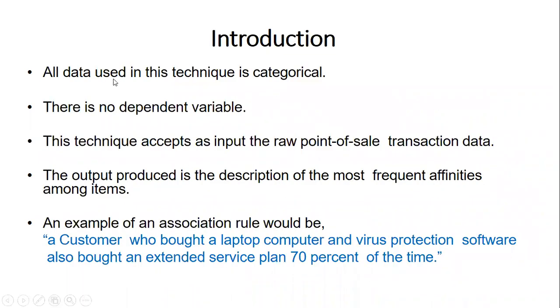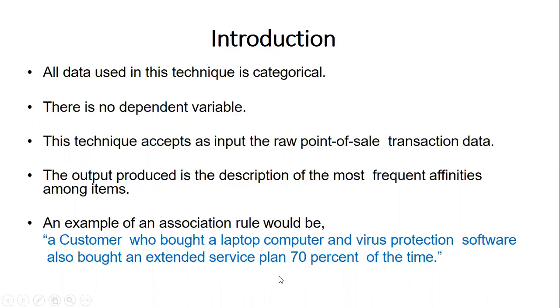As I told, in the association rule mining technique, the data used can be categorical, and it also supports numeric datasets. One thing to observe here is that in association rule mining, there is no dependent variable.